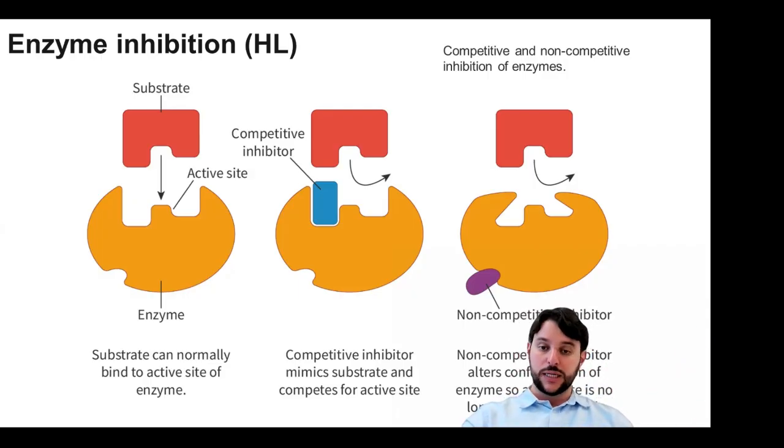It's going to completely change the 3D conformation of this enzyme, consequently changing the active site. As a consequence, the active site no longer fits or binds to the substrate, and you stop the reaction. So it's more effective in terms of rate of reaction.